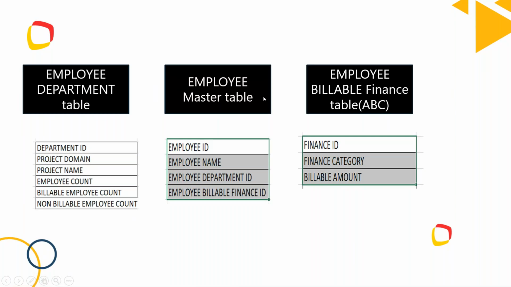After that, I can join the third table. After the join, I want to select employee ID, billable amount: employee ID from the employee master table and employee billable amount from the employee billable finance table, where the employee department table dot project name equals ABC.